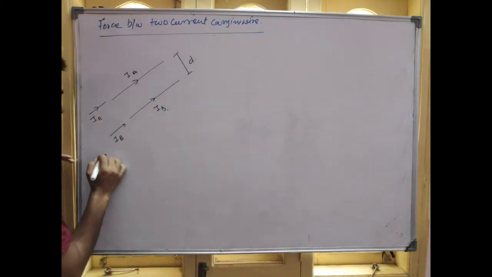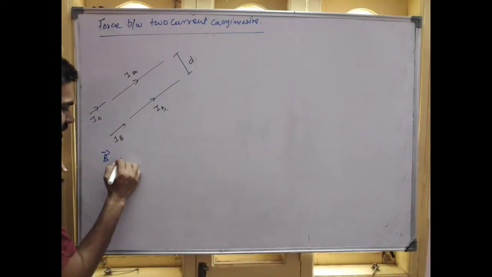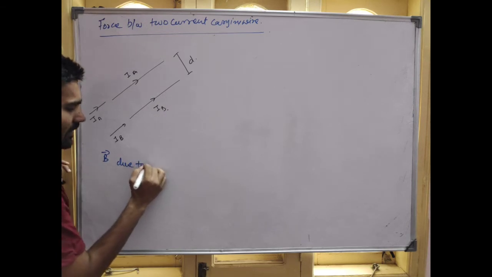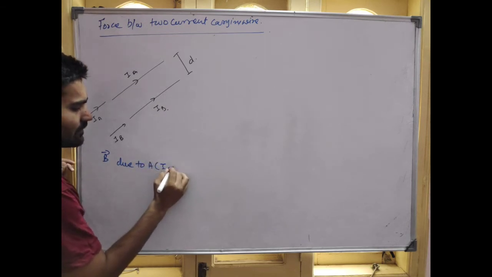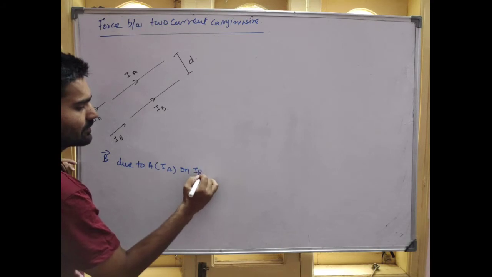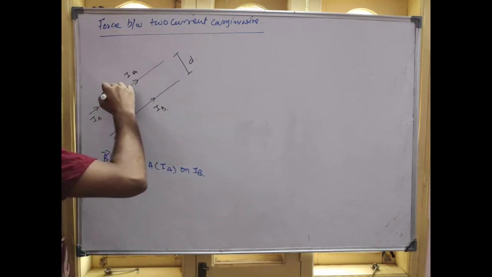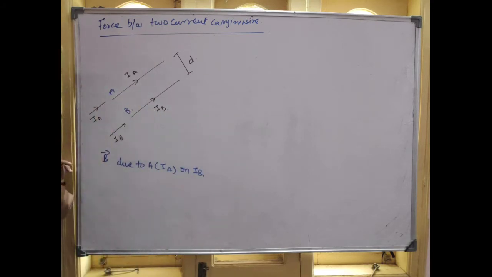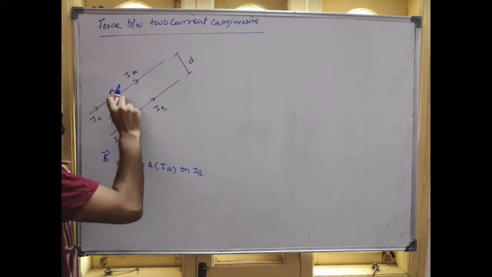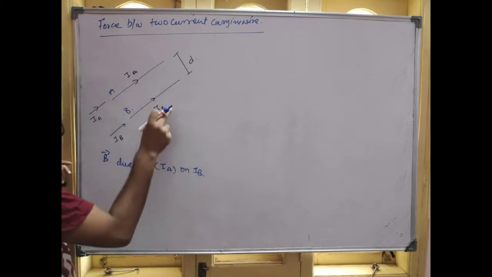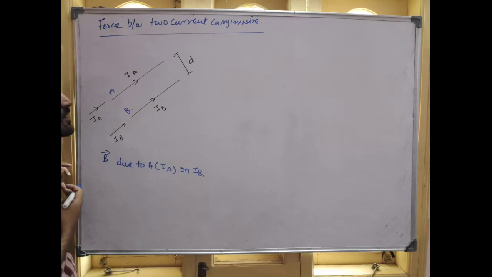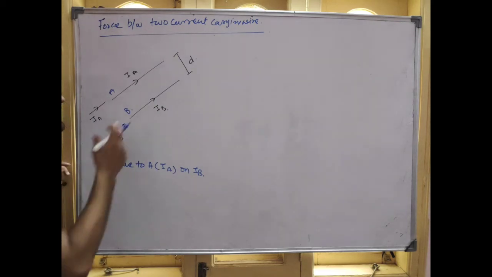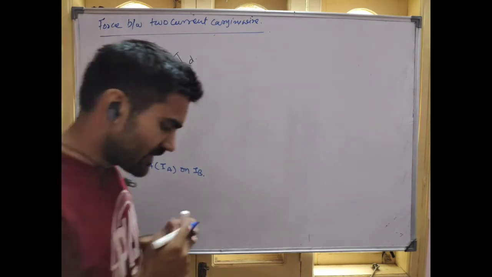So B due to A, that is, due to wire A on IB. Let's say this wire is A, this wire is B. Can you tell me what will be the direction of the magnetic field here? Tell me guys.